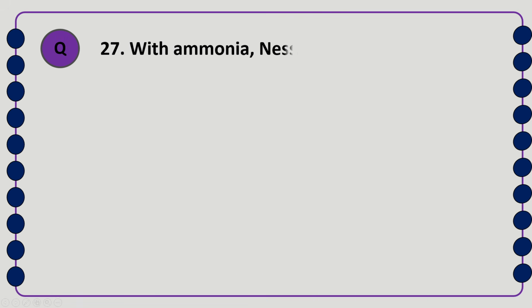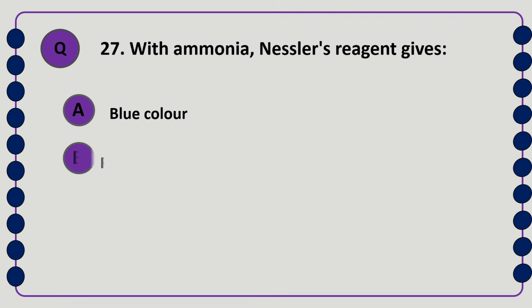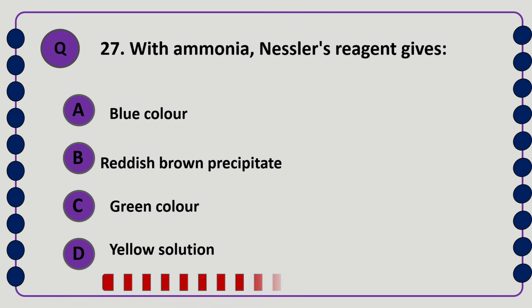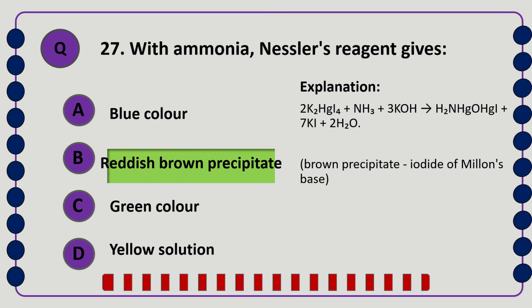Let's move to the next question. Question number 27. With ammonia, Nessler's reagent gives blue color, reddish brown precipitate, green color, or yellow solution. The correct option is reddish brown precipitate. If this question is asked, no need to write the equation, only observation you can write.